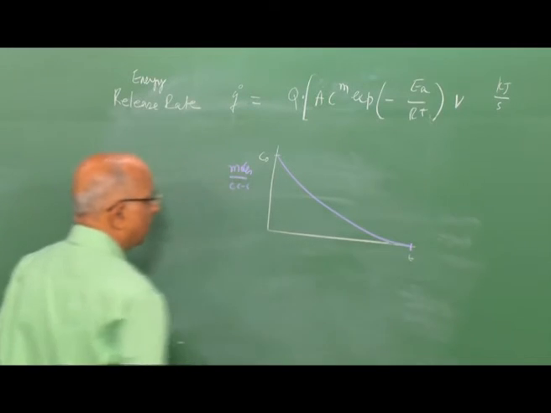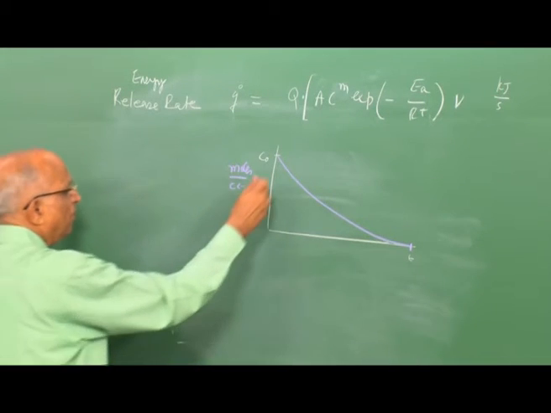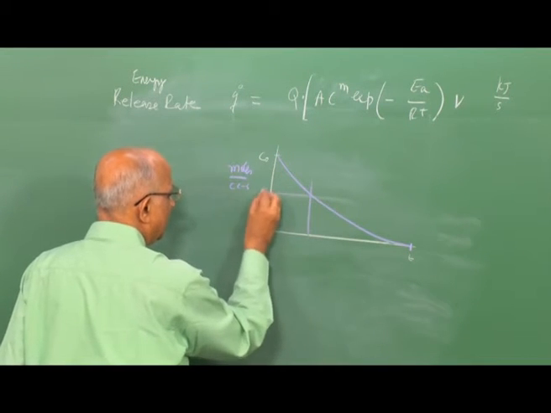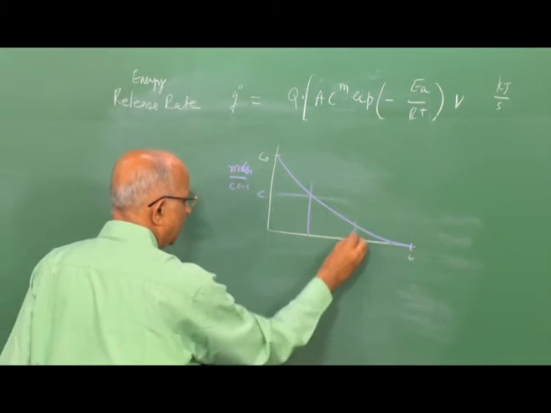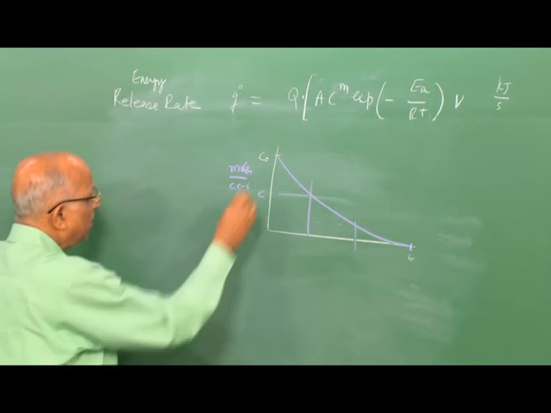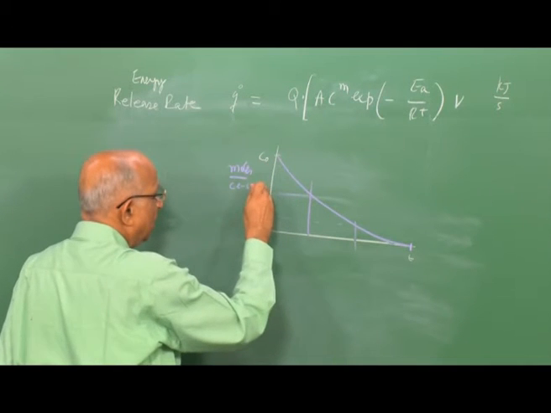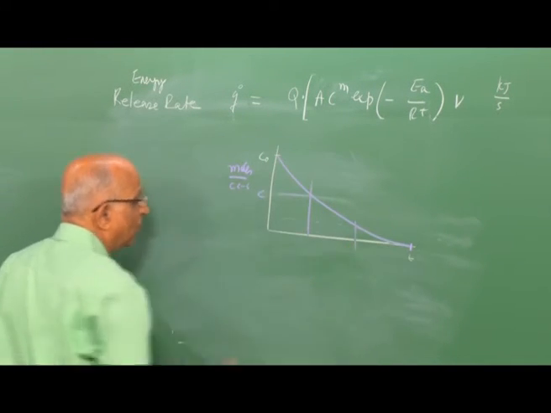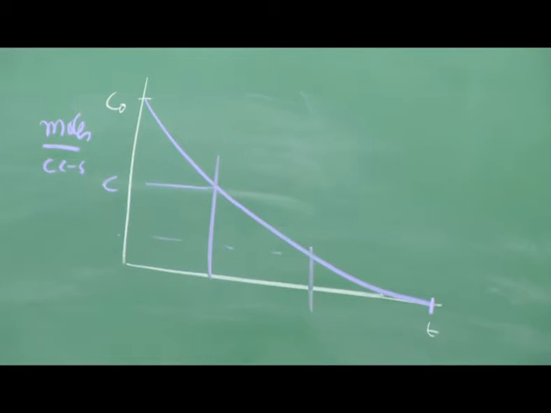This is when the chemical reaction gets over. This is the type of variation of C at any time, and this is the way the concentration of the fuel will keep changing.